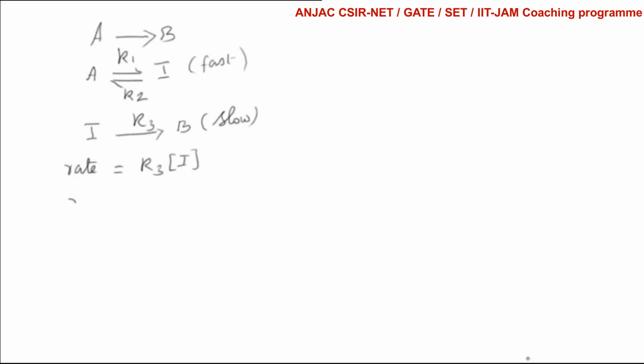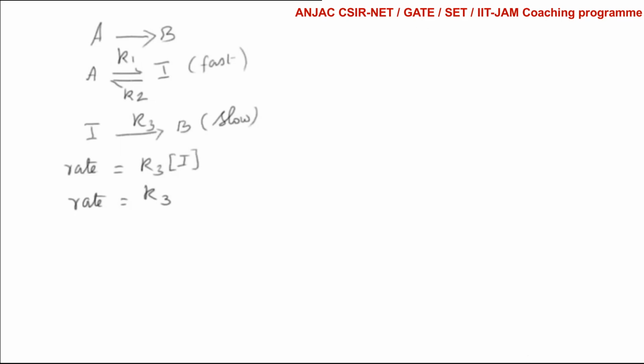Now what is the rate equation? At equilibrium, the constant is concentration of I divided by concentration of A, that is K1 by K2. Write concentration of I equal to K1 into concentration of A by K2.